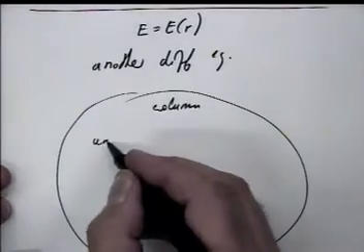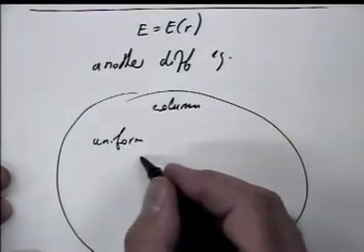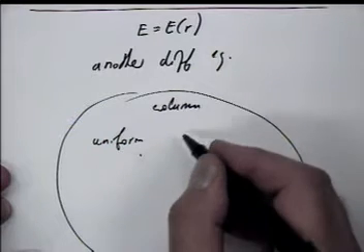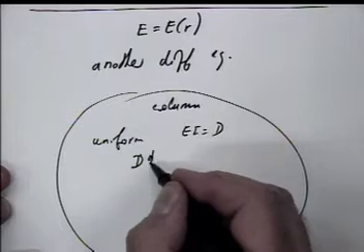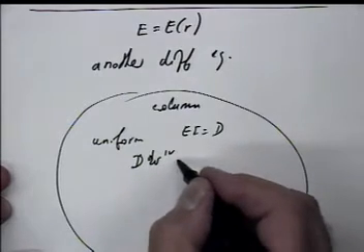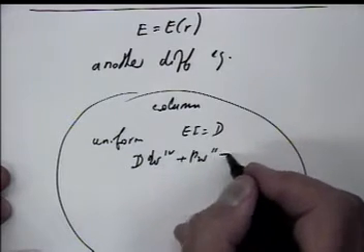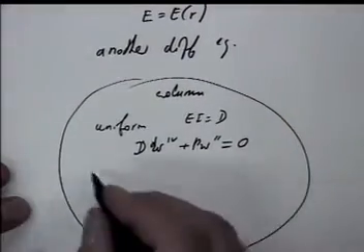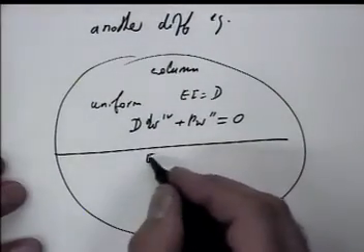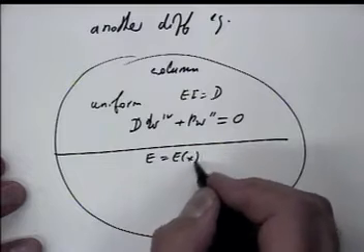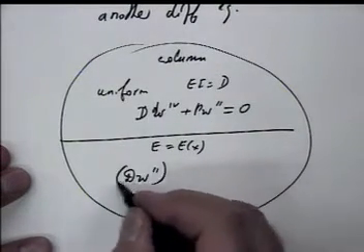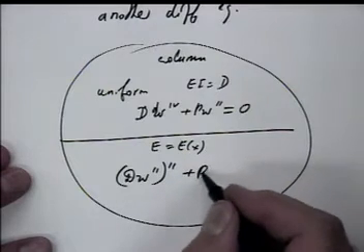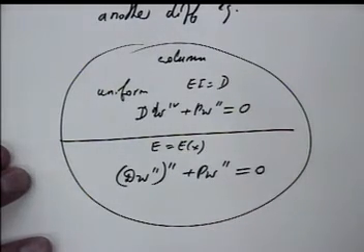If it is uniform, then we have EI, which we denote as D. So D times W fourth derivative plus P times W second derivative equals 0. That is uniform. If E is a function of x, we have the second derivative of D times W second derivative plus P times W second derivative equals 0.